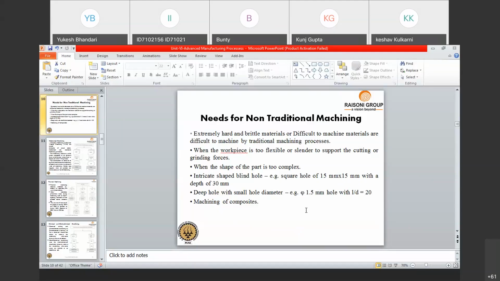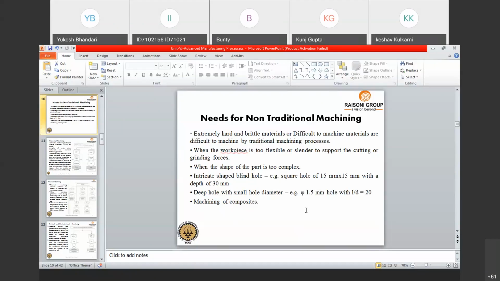non-traditional machining processes. Again, if you want to make intricate shape blind holes, where the hole diameter is very small but the hole is very deep, in those cases we can't use traditional machining processes because you can't make that kind of hole.